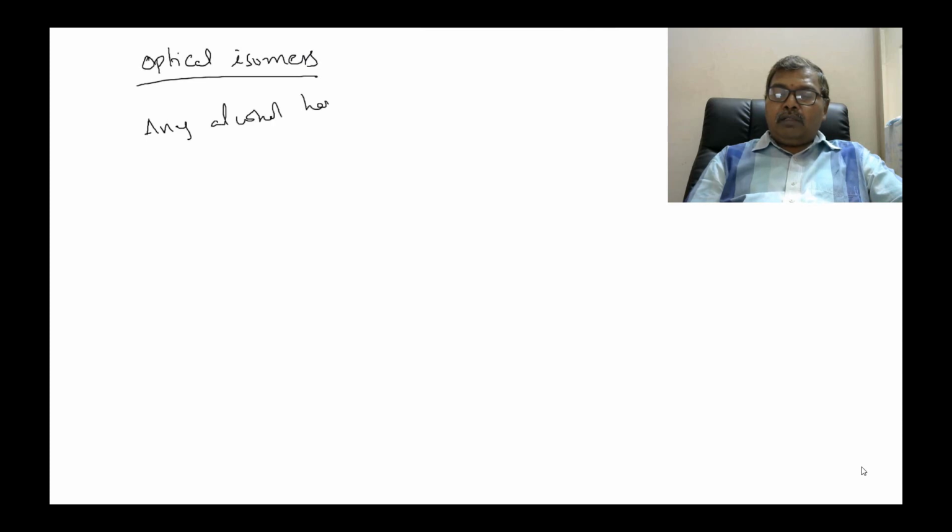Now, another important stereoisomerism is optical isomerism. Any alcohol having at least one chiral carbon exhibits optical isomerism.